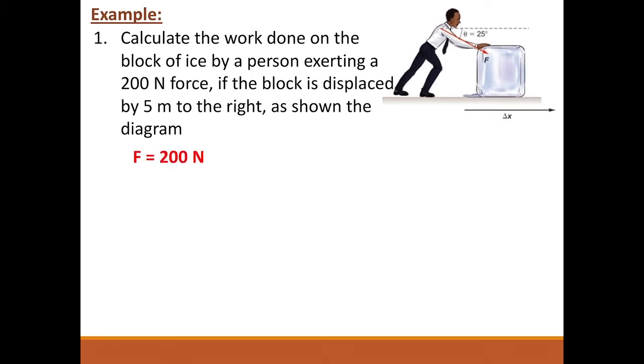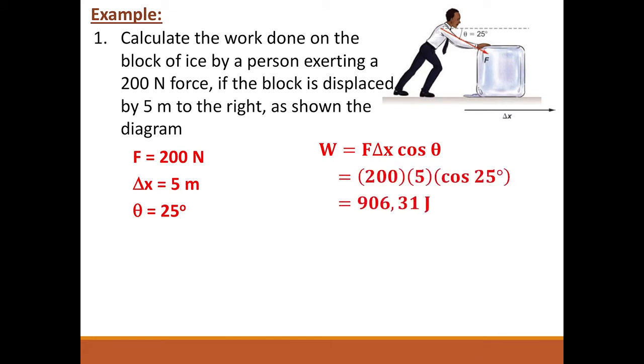So, F is 200, delta x is 5 meters and theta is 25. This is a straightforward substitution, and he does 906.31 joules of work. We're not concerned how that work gets translated, but that's how much energy he's doing.